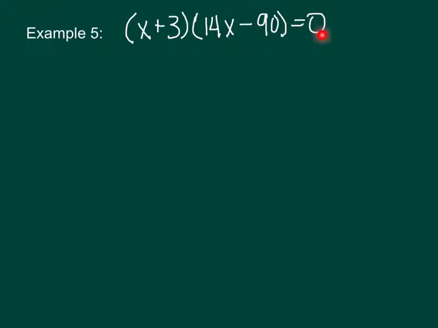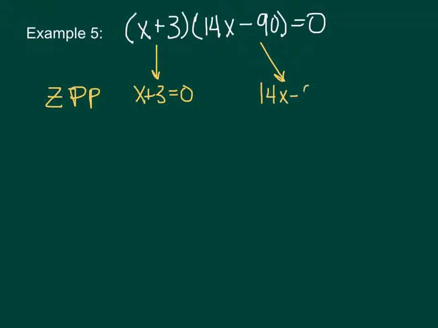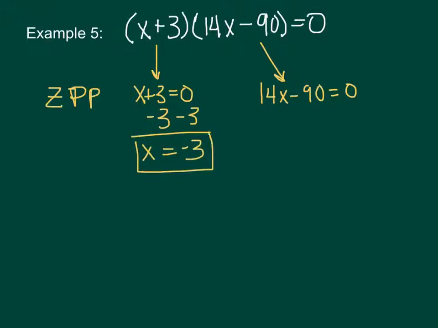So all I need to do now is use the zero product property and say that, well, that means that either x plus 3 equals 0 or 14x minus 90 equals 0. This one, again, fairly simple. I'm going to subtract 3 from both sides. X equals negative 3. It's one solution.